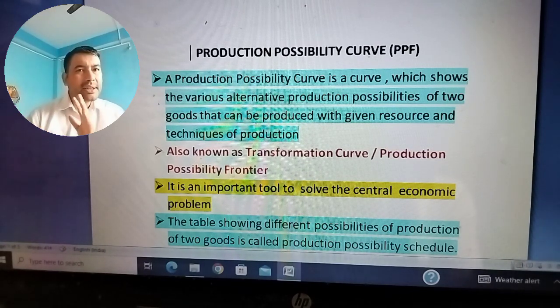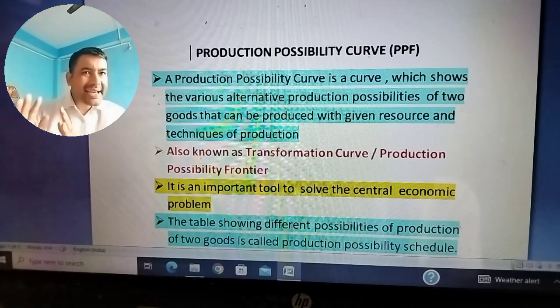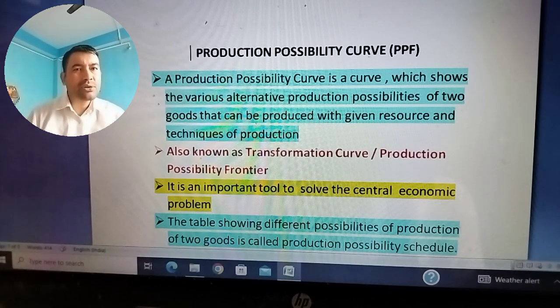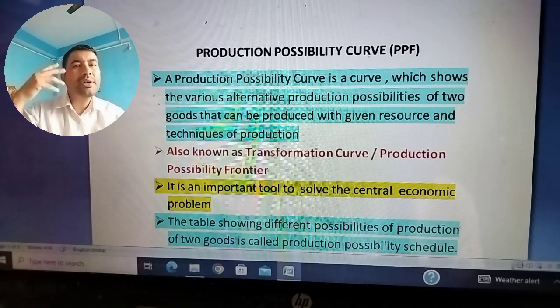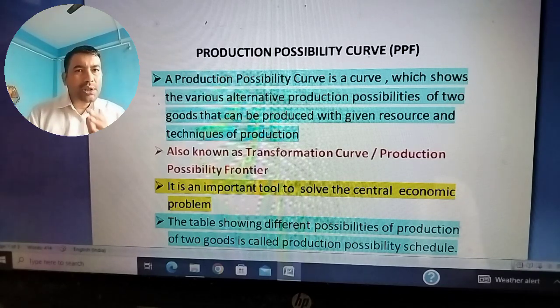So let's take example of two commodities X and Y. As resources are limited, you cannot produce as much of commodity X or as much of commodity Y. If you want to produce more of commodity X, then you have to sacrifice the production of commodity Y. That is, production of more of X means the production of less of Y, or the production of more of Y means the production of less of X.